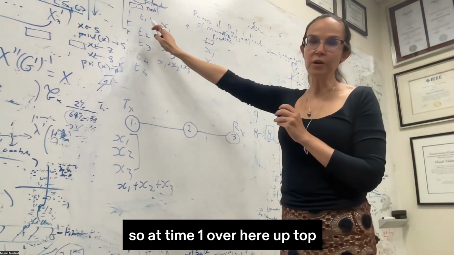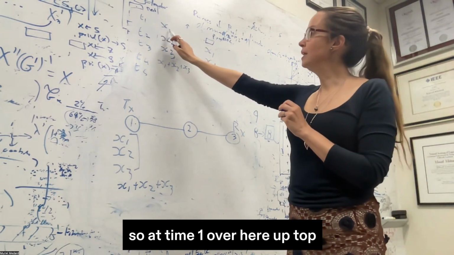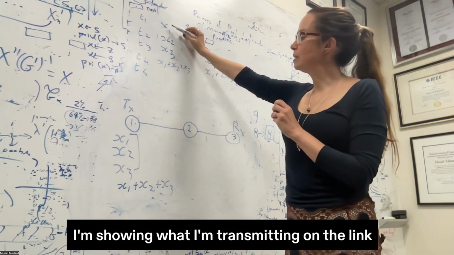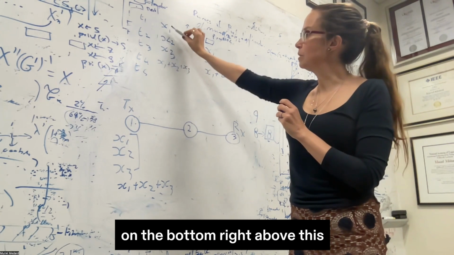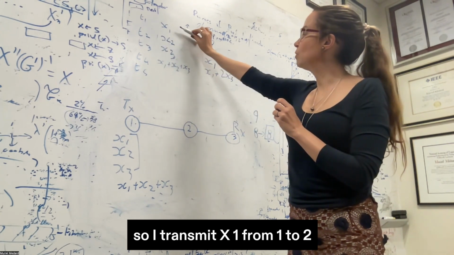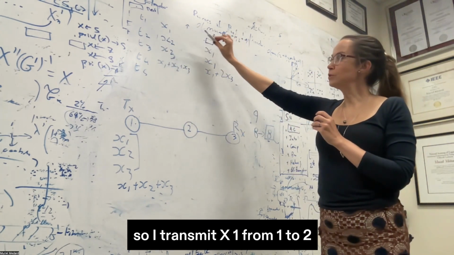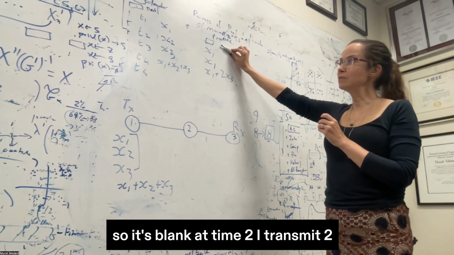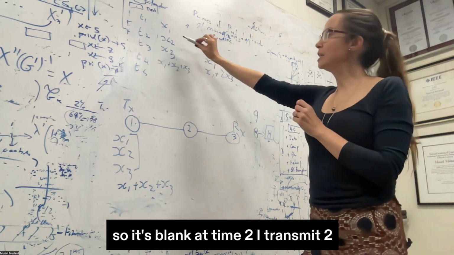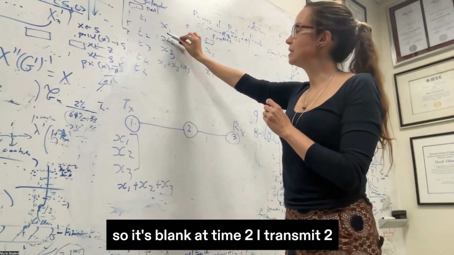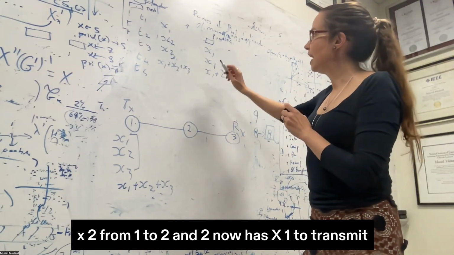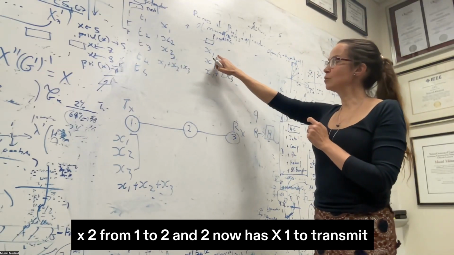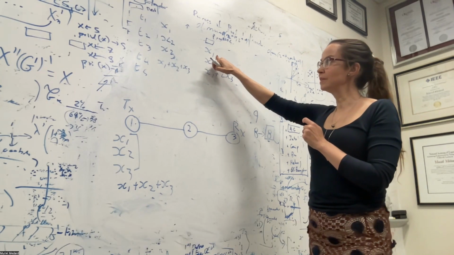So at time 1 over here up top, I'm showing what I'm transmitting on the link on the bottom right above this. So I transmit x1 from 1 to 2. 2 has nothing to transmit, so it's blank. At time 2, I transmit x2 from 1 to 2. And 2 now has x1 to transmit.